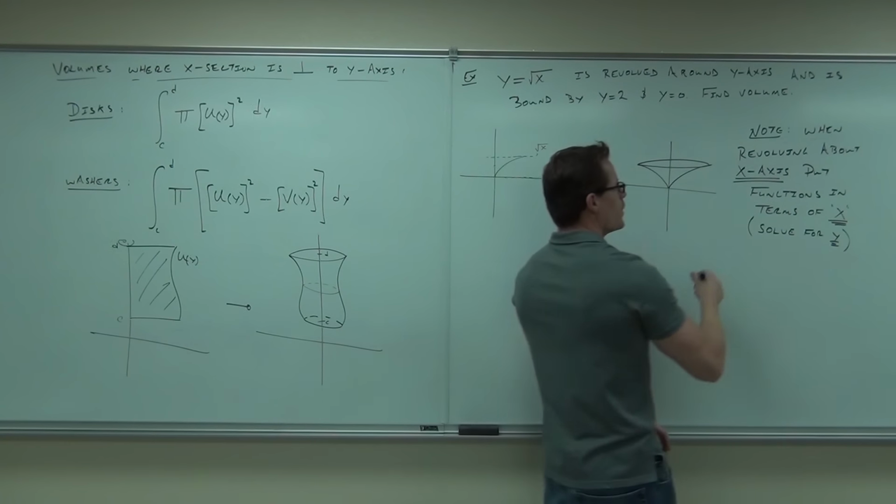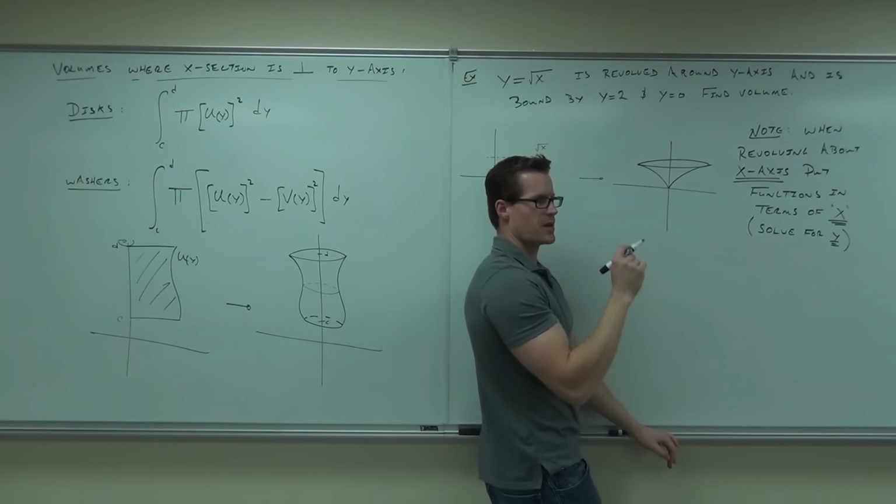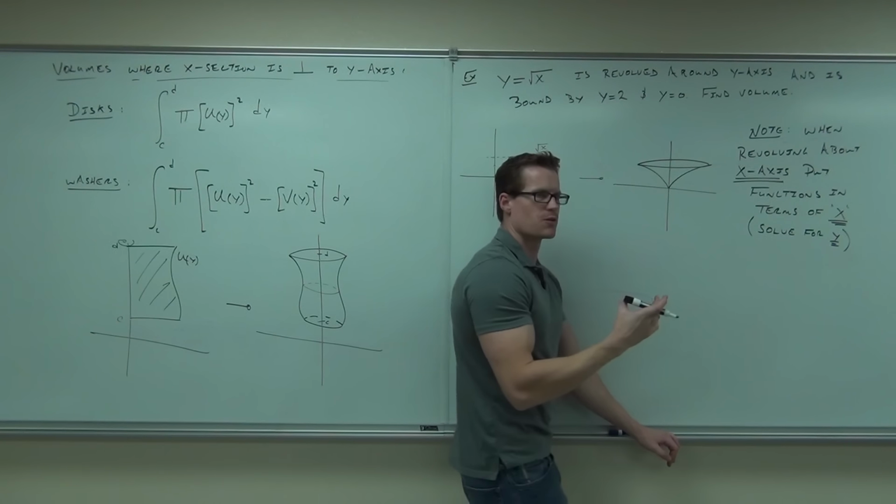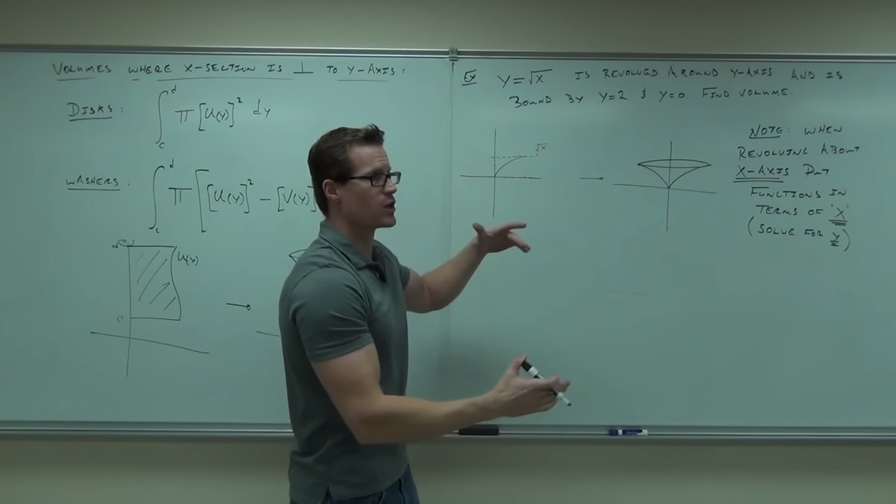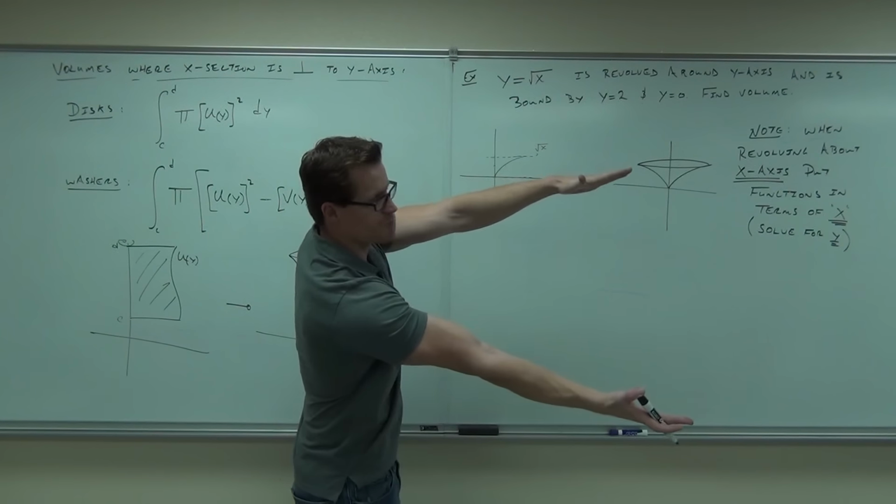Solve for y. When revolving around the y-axis, it's backwards. Put everything in terms of y. Your functions need to be in terms of y. Your bounds are in terms of y. Your planes are perpendicular to the y.